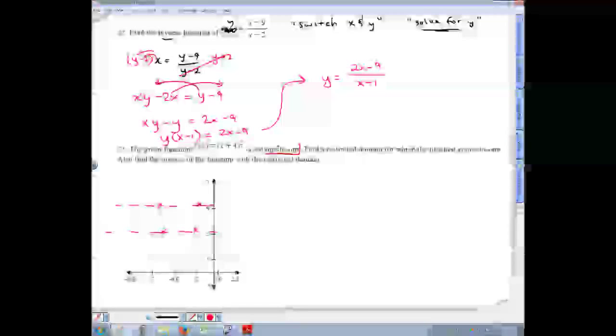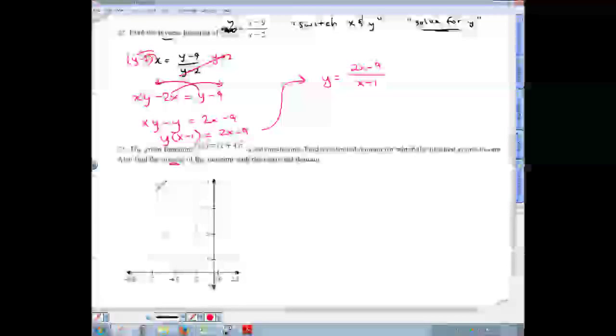Now the significance of a function not being one-to-one, remember the tie-in here for lesson 2.8 is inverses. If we were to take the inverse of this function as it is, not being one-to-one, the inverse would be some kind of sideways parabola, and a sideways parabola is not a function.